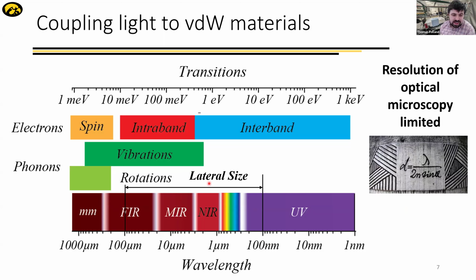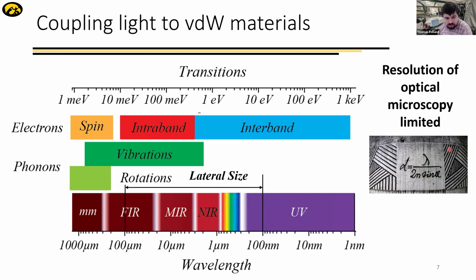And in particular, if you want to look at light in the infrared like I do, we can see there's already a problem, which is that if you are looking at light in the infrared, which has a wavelength on the order of microns, you are now looking at a flake that is on the same lateral size order as the actual wavelength of light. And this is a problem because we know we actually can't focus light in the far field below the diffraction limit in order to interact with small crystals.